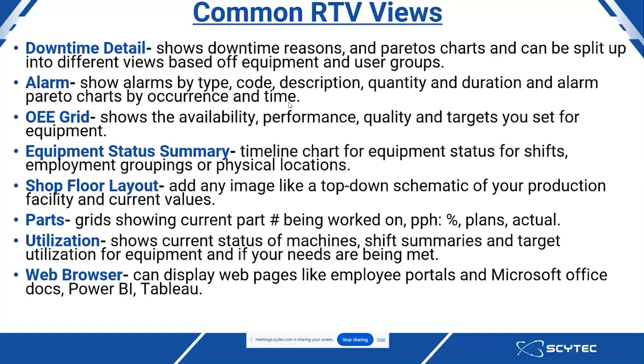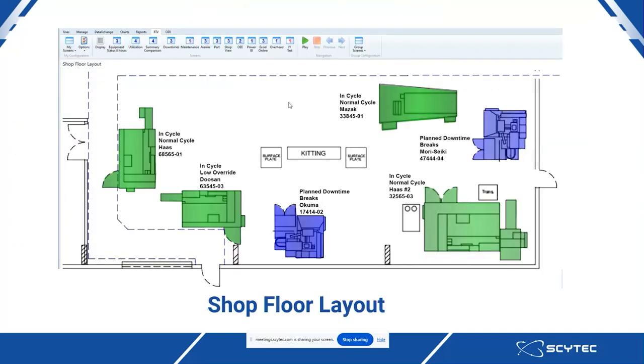And this will show you if your production needs are being met. And then finally, we have a web browser view, which is a common RTV view as well. And this web browser screen can show things like web pages such as employee portals, Microsoft Office documents, Power BI, Tableau, and more.